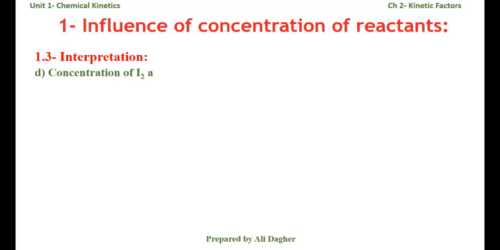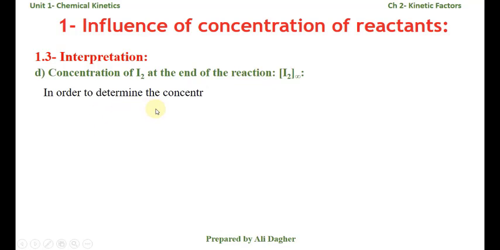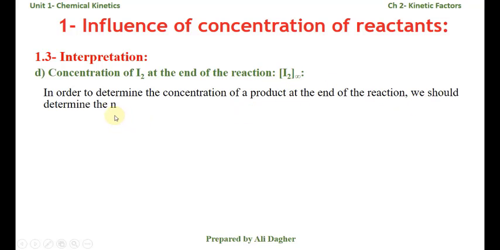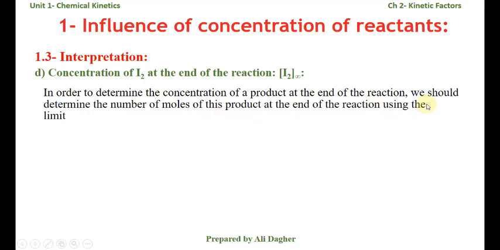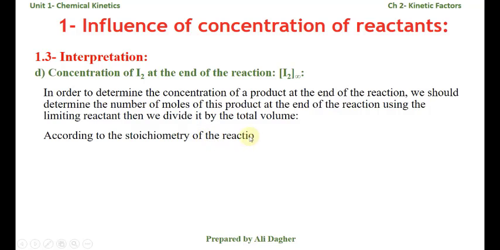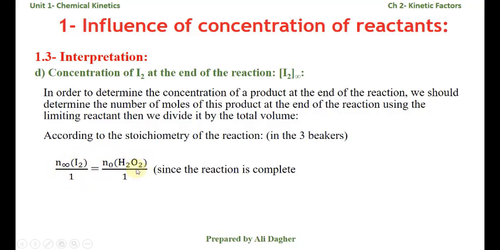Now, the concentration of I2 at the end of the reaction. In order to determine the concentration of I2 or any product at the end of the reaction, we should determine the number of moles of this product at the end of the reaction using the limiting reactant, always using the limiting reactant. Then we divide this number of moles by the total volume. According to the stoichiometry of the reaction, in the three beakers, the number of moles of I2 at the end of the reaction over 1 equals the initial number of moles of H2O2 over 1, since the reaction is complete.